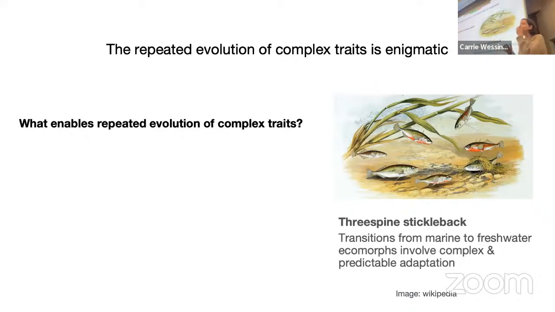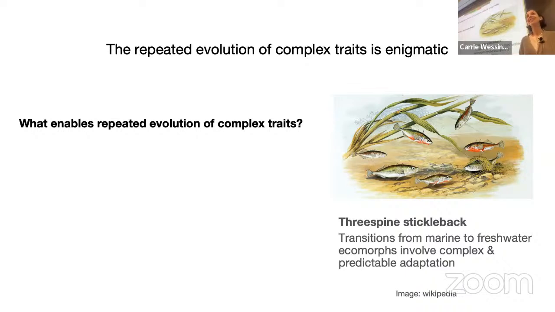So many adaptations are complex traits where multiple components contribute to a shared organismal function. And we know that certain complex traits evolve frequently in some groups of organisms, but never evolve in other groups.